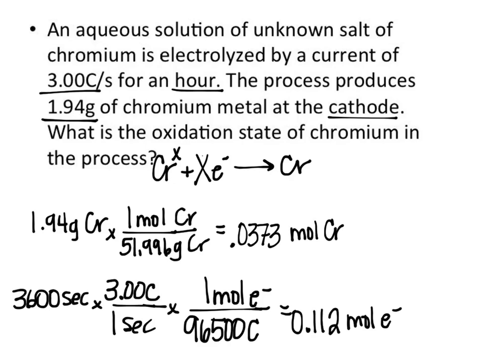So I want to know how many electrons that was. If I have 0.112 moles of electrons, and there was a total of 0.0373 moles of chromium, then how many electrons got passed?